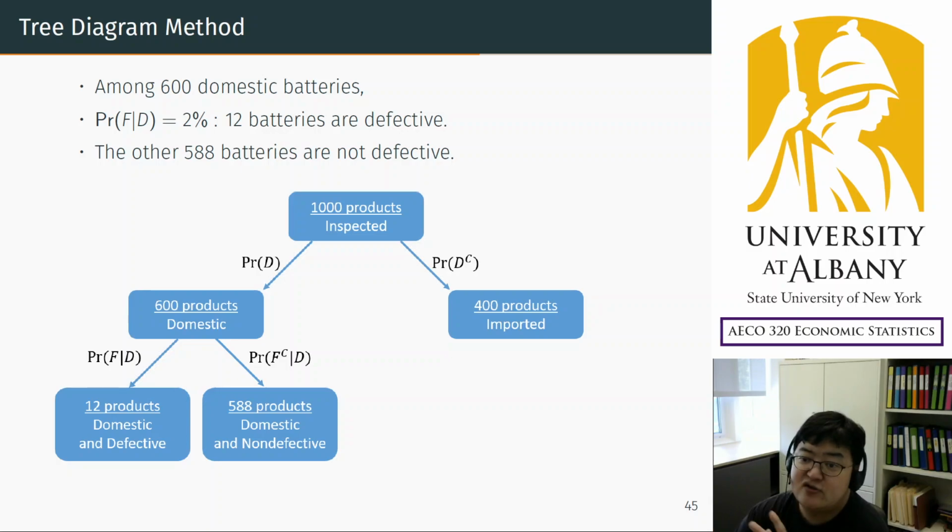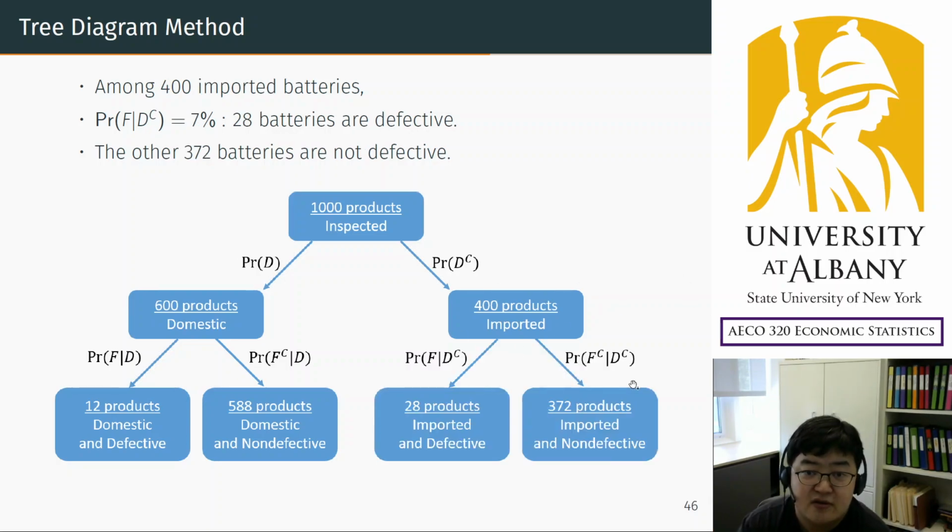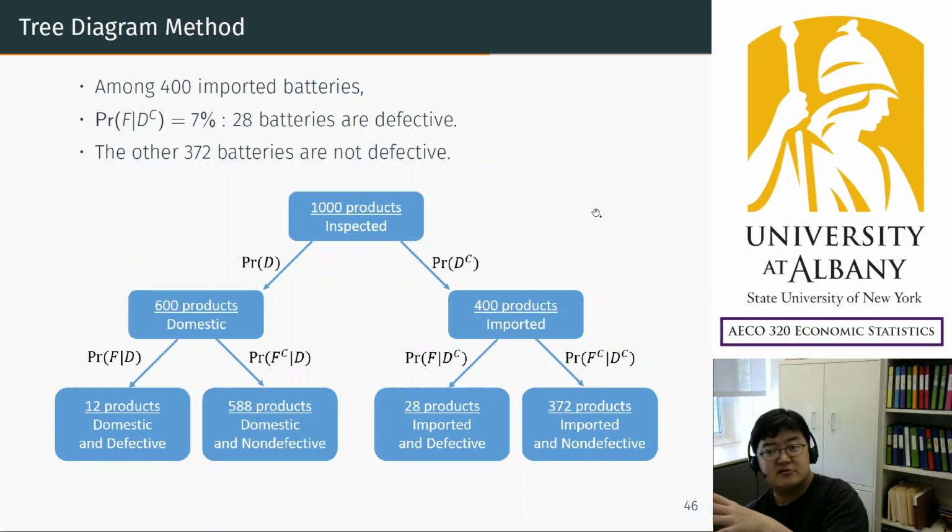And now we are moving to the imported battery pile. There are 400 imported batteries in this pile, and their defect rate is different. It's 7%. So 7% of 400 batteries will be 28.